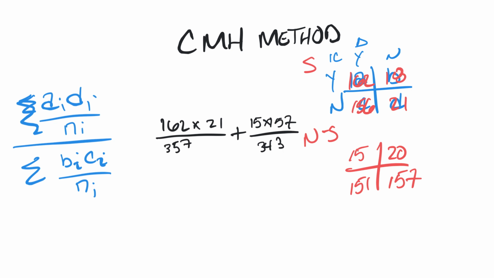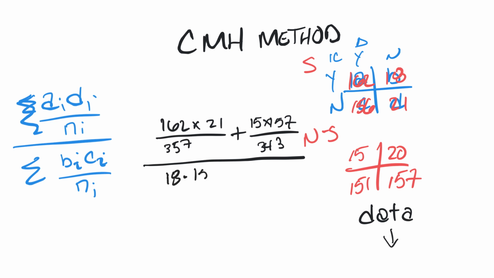And 343 and 357 is equal to 700, so we're good. Again, the data are in the description. And we divide that by 18 times 156 over 357 plus 20 times 151 over 343.